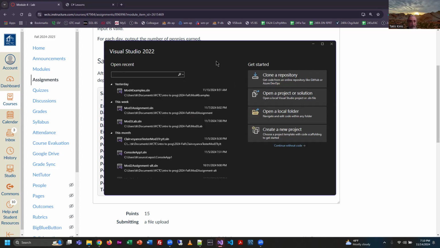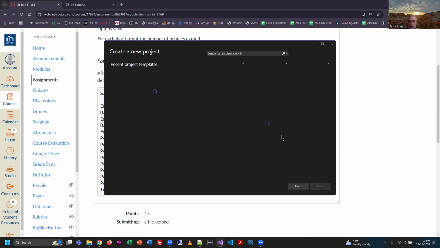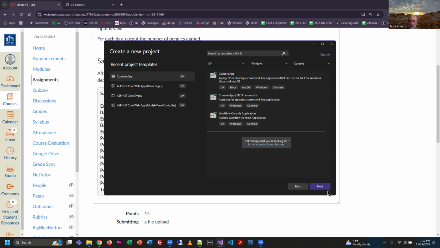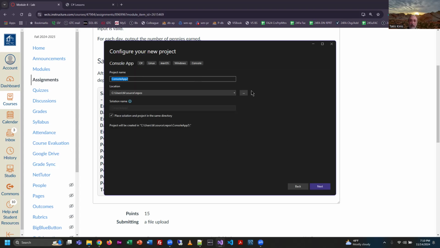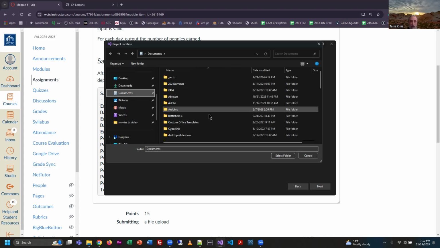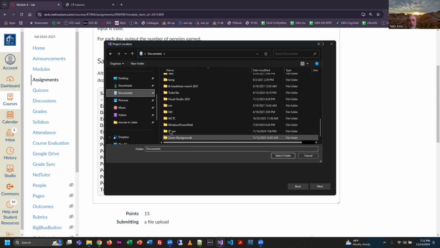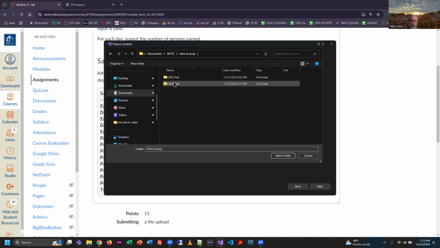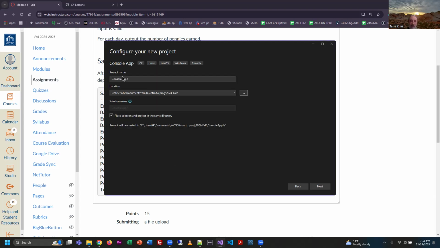Let's start by getting a basic program going here. So let's create a new project. Console app in C#. Let's pick the folder we want to work in, as opposed to the folder we're being coerced to work in. We're going to select this folder, and then I'm going to name this mod for lab.